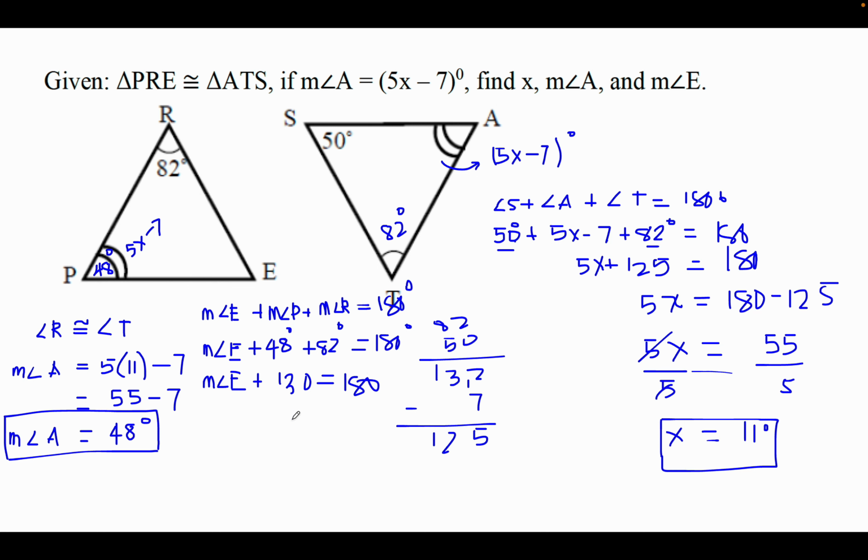And then transpose 130 to the right. So that means 180 minus 130 is equal to what? 50 degrees. So therefore, measure of angle E is equal to 50 degrees. Are you following? Yes, sir.